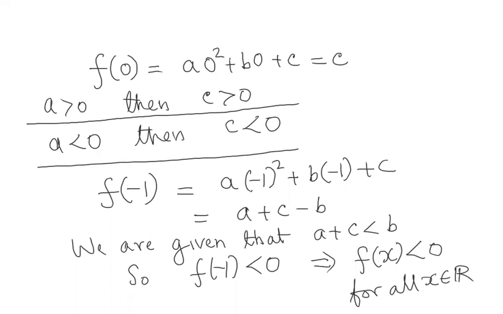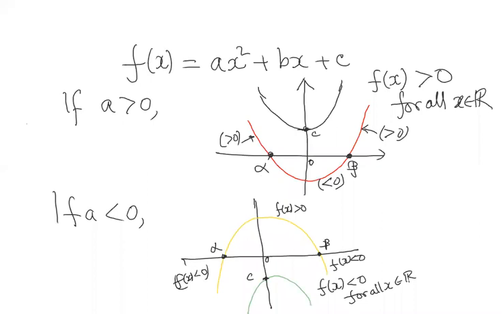From that we can immediately conclude that, because f has no real roots, f(x) is less than 0 for all x belonging to R. So this has to be the green curve, which is that f(x) is less than 0 for all x.